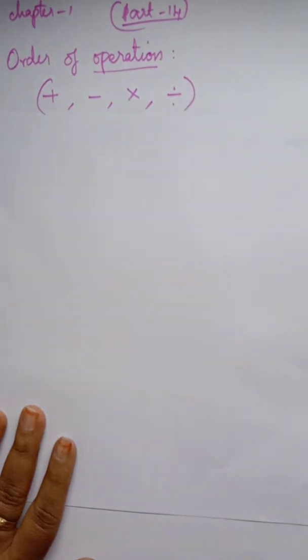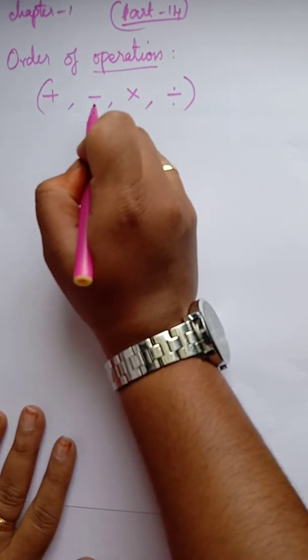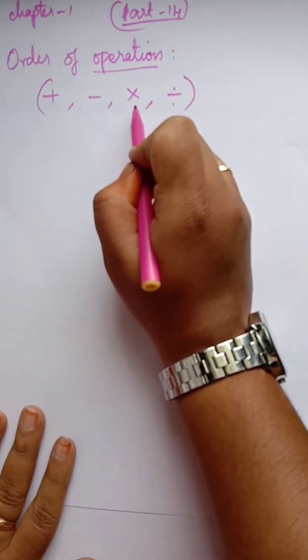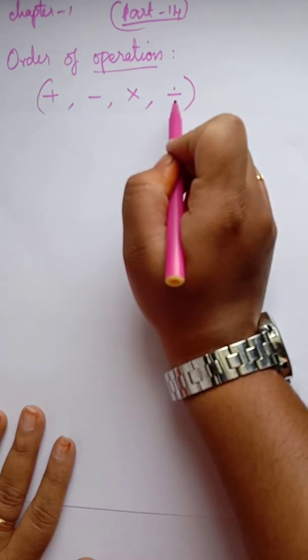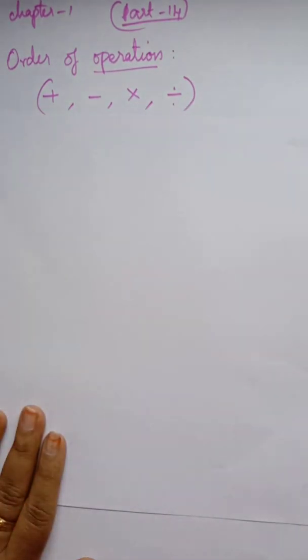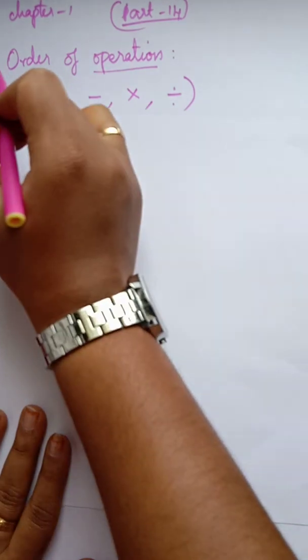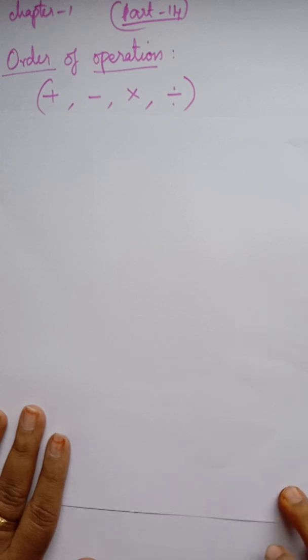So how many operations will there be in maths? There will be four operations. The first one is addition, second is subtraction, third is multiplication and fourth is division. Like this we have to maintain the operations. Now what is meant by order? Order means a schedule.